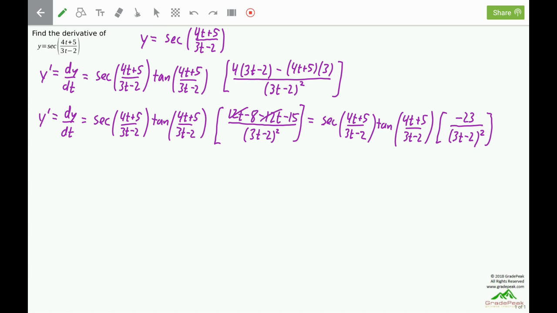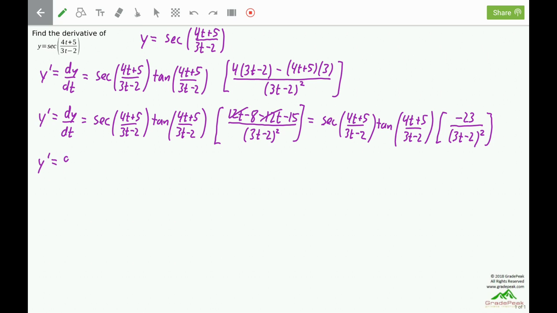Now let's write it in the way that will most likely be found. Generally the constants and the power functions are written before the trig functions, so that would mean taking this quantity that's in square brackets and just putting it to the front.